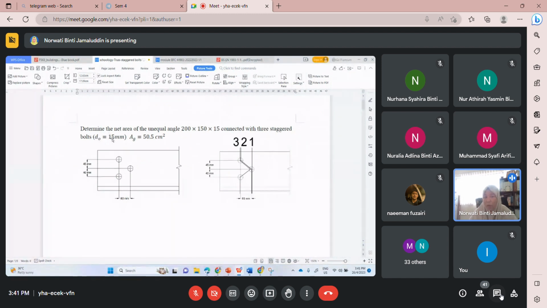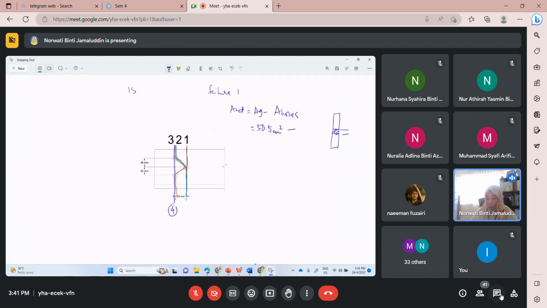D naught is 15, which means the diameter of the bolt hole is 15. D naught is equal to the diameter of hole plus clearance, but the D naught is already given for this example.